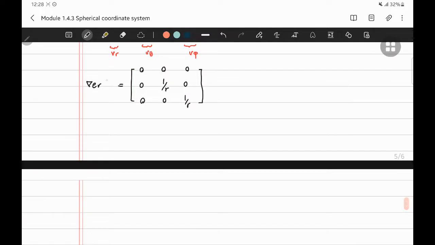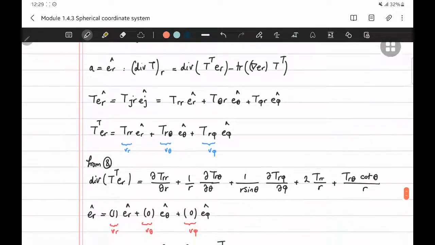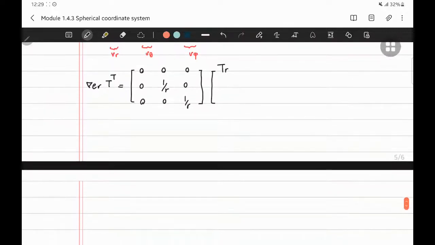So we have T transpose. So I put T transpose also here. So I have my T here. So I have T transpose. I swap the rows and columns. So I have T_RR, T_R theta, T_R phi here, T_theta R, T_theta theta, T_theta phi. This is T_phi R, T_phi theta, and this is T_phi phi.